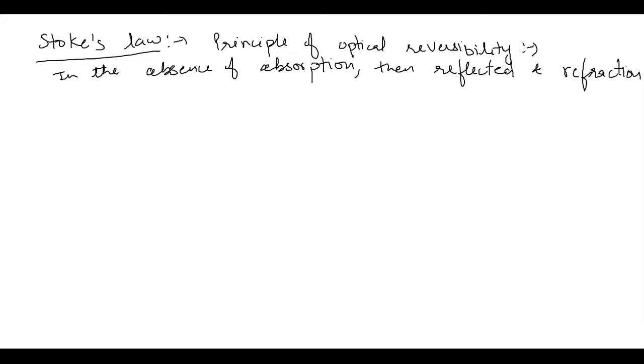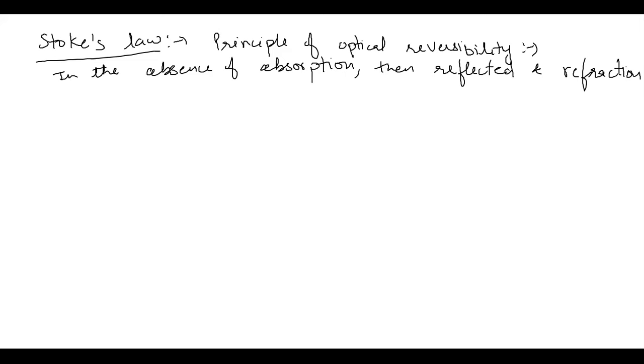There is no third possibility such as absorption of light. So if light is incident on an interface, then the only possibility is that it is either reflected or it will be transmitted or refracted. It will not be absorbed.